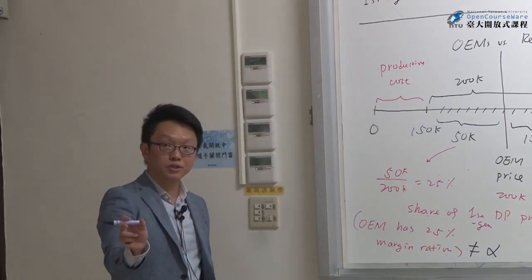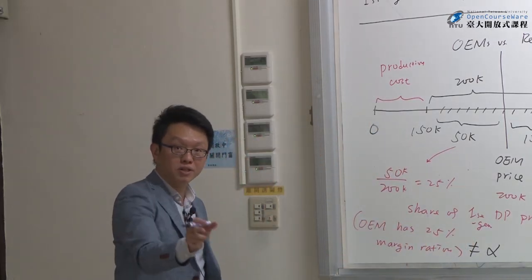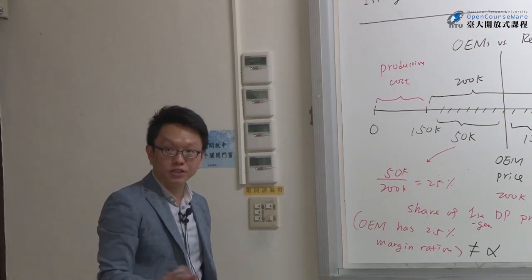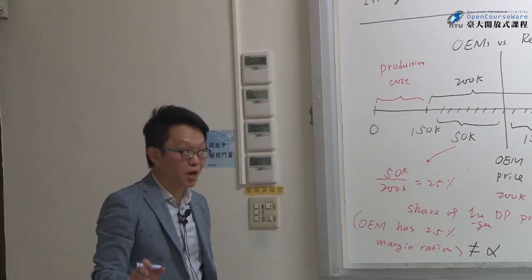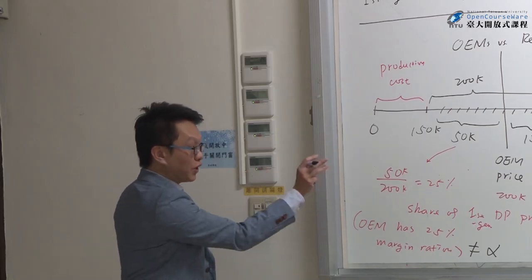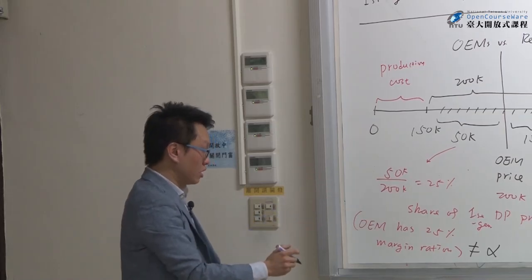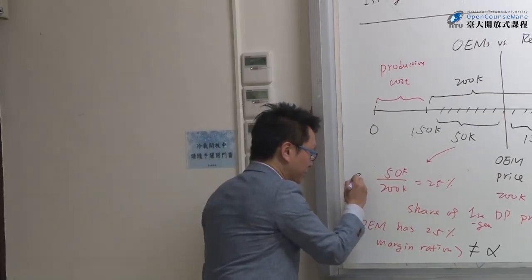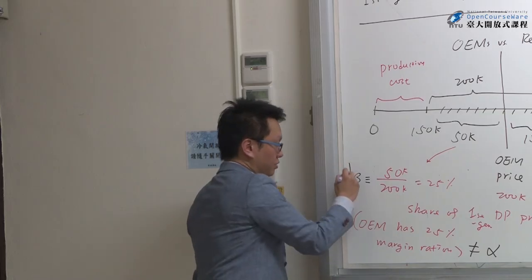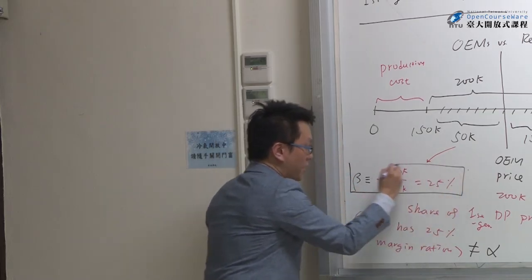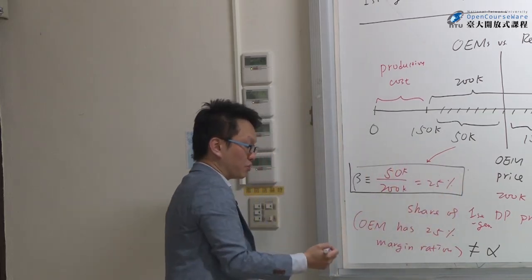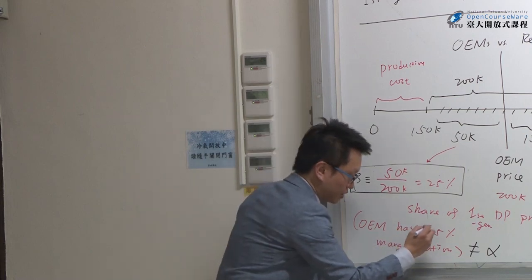Alpha is a bargaining ratio between the pi minimum and pi maxima. So far, I did not mention anything about pi minimum and pi maxima. I just use financial figures from its existing product market. Now, let me code this as beta. So I want to say the OEM has 25% margin ratio, and I code this as beta.